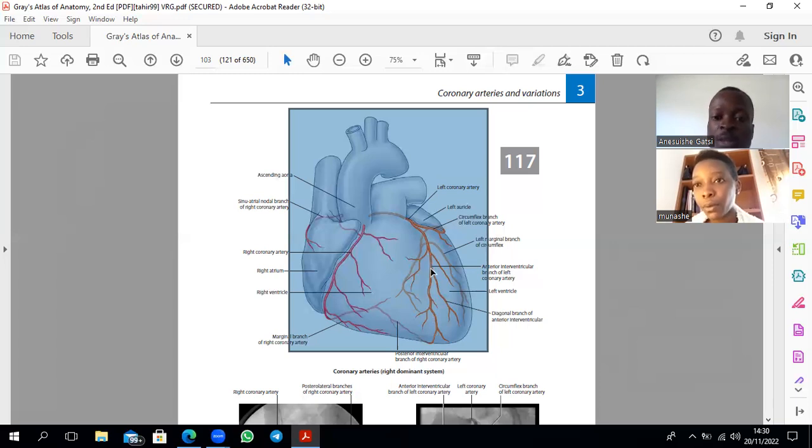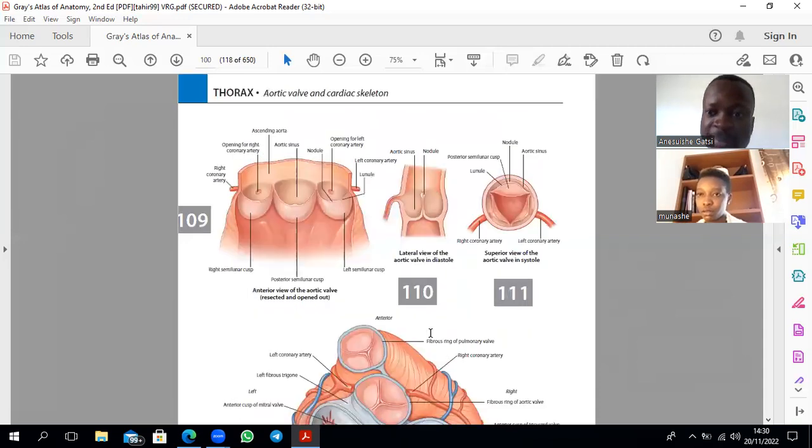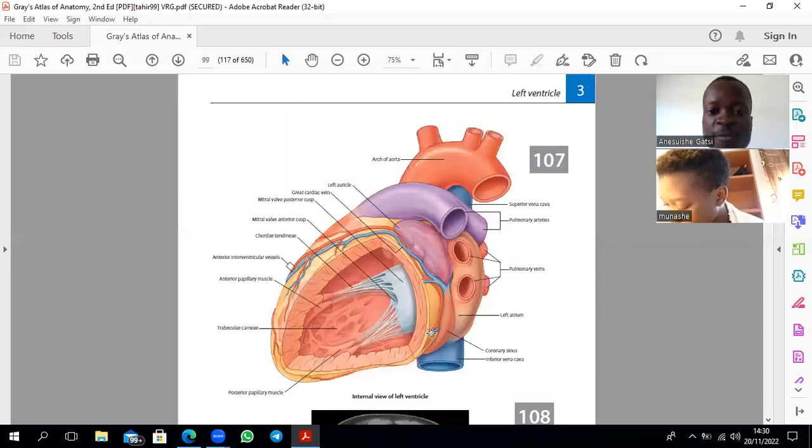So in 1/3 of the individuals, it ends at the apex. Then in 2/3, it will go all the way to the posterior surface of the heart.